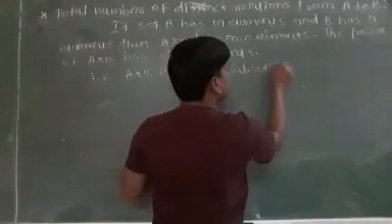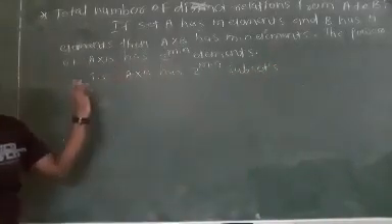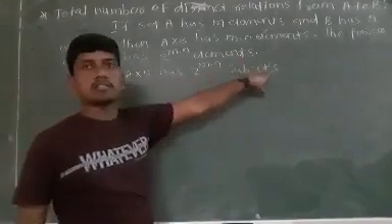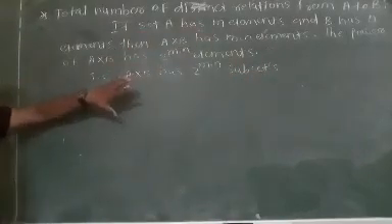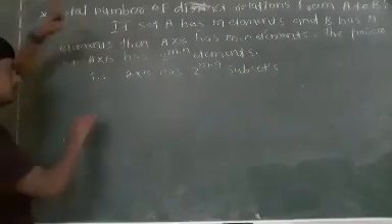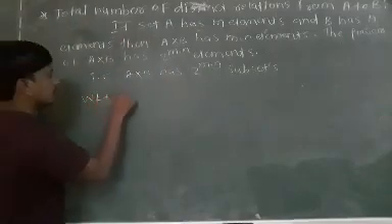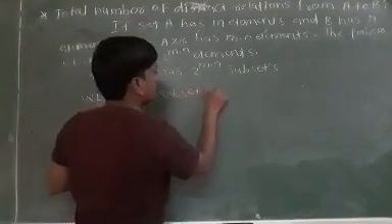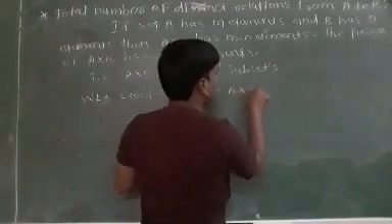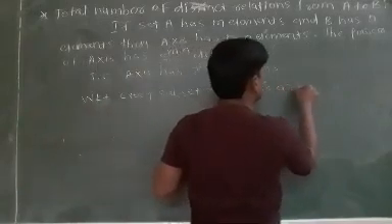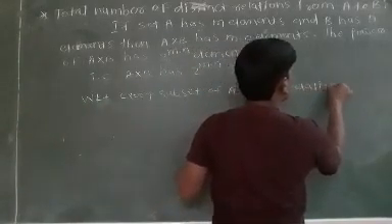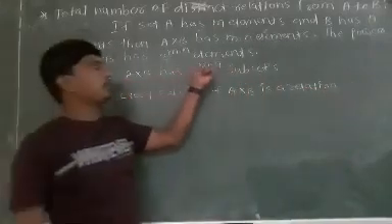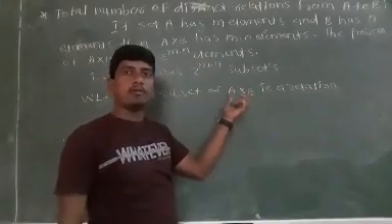And we know that every subset of A cross B is a relation. So there are 2 to the power m into n different relations from A to B.